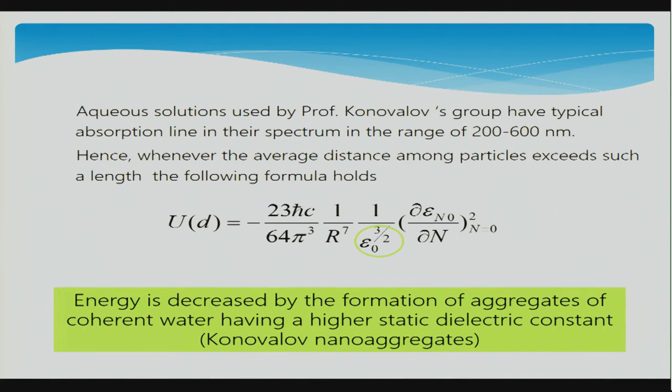So the formation of the aggregate is due to the van der Waals forces, but the stability of such aggregate is due to the fact that water has a two-phase structure, and one of the two phases has a much higher dielectric constant.